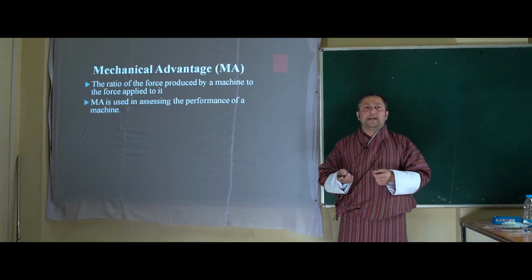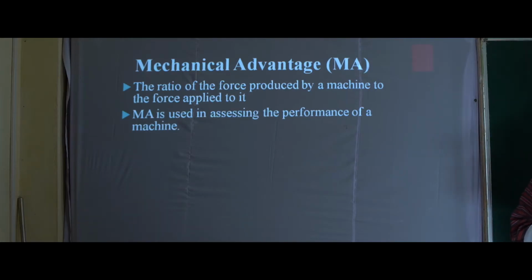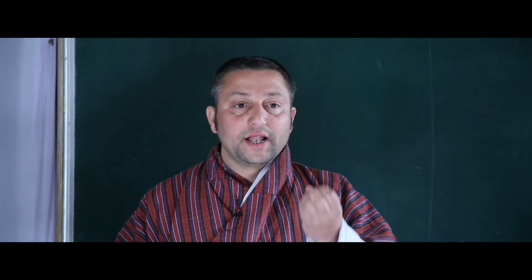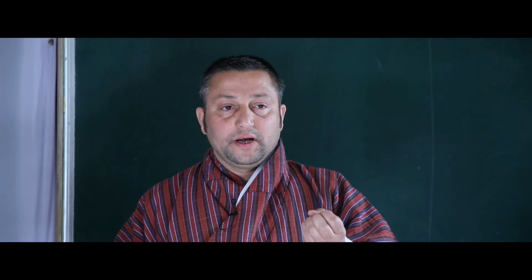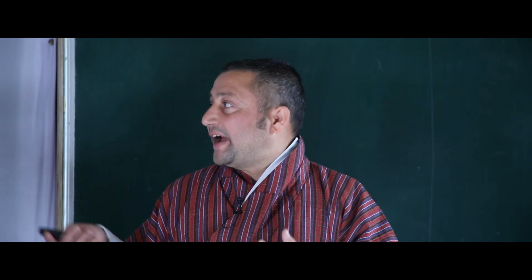And mechanical advantage is used in assessing the performance of the machine, meaning how well the machine is performing. Is it really multiplying the force? Is it a force multiplier? Is it helping us to do the work easily? To find that, we need to look at mechanical advantage.